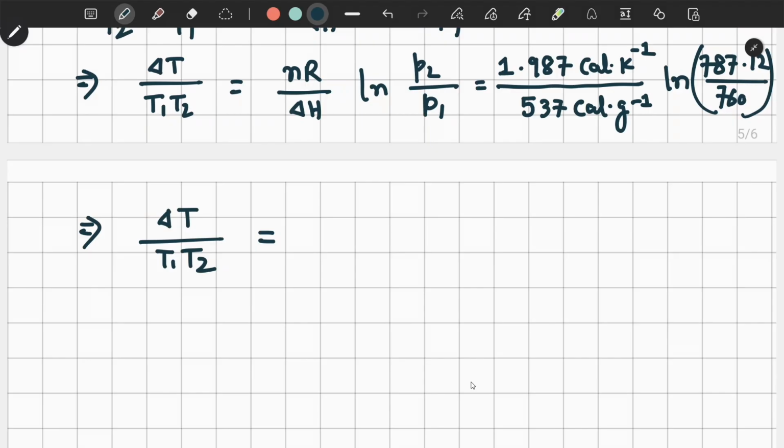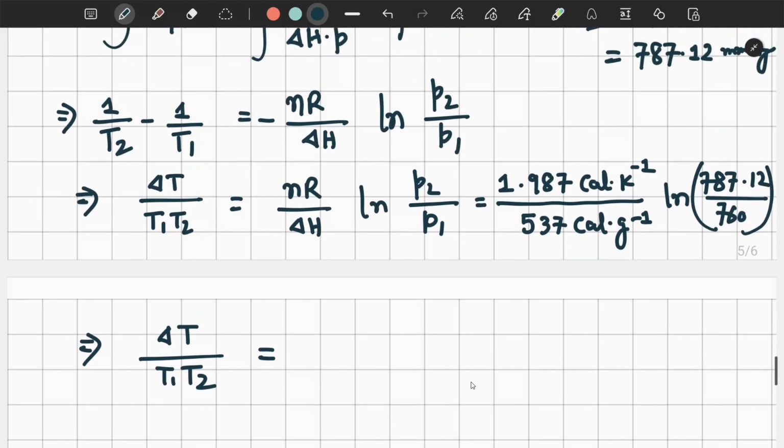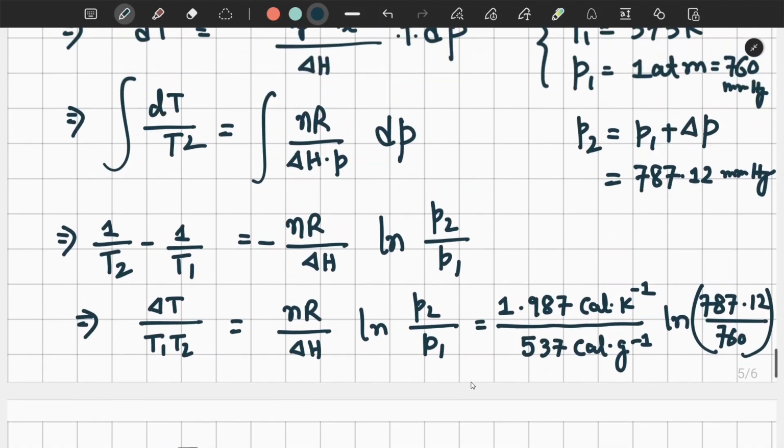It will be 1.297 into 10 to the power minus 4. One minute. Here is something fishy because we haven't used the volume. That data is also given to us.